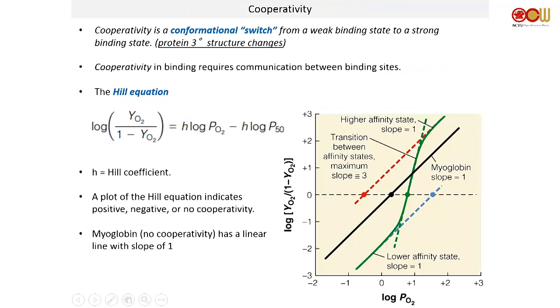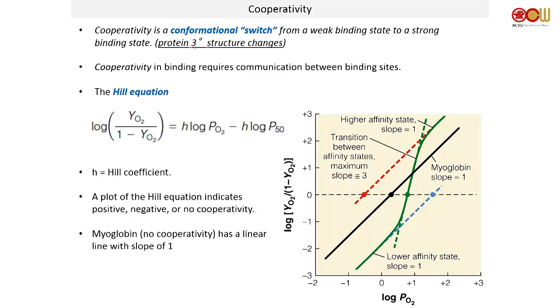All right, so let's come back and talk a little bit about cooperativity. Cooperativity refers to a conformational switch from a weak binding state to a strong binding state. In this case, this is talking about hemoglobin. Essentially you have a protein structural change.